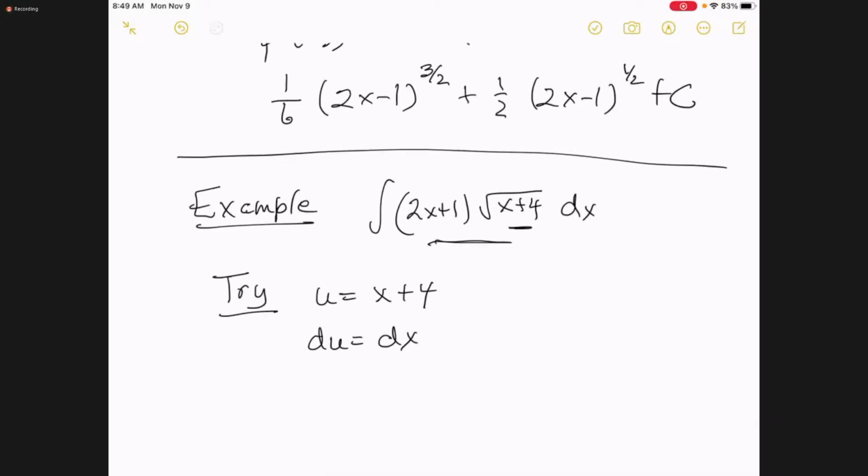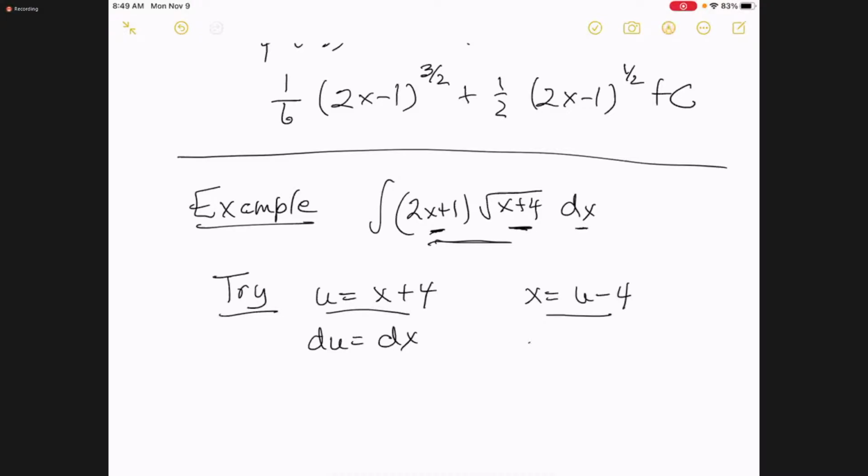I've got that in terms of u, that in terms of u, got to get that in terms of u too. Well, x is u minus 4, right? That's what that says.